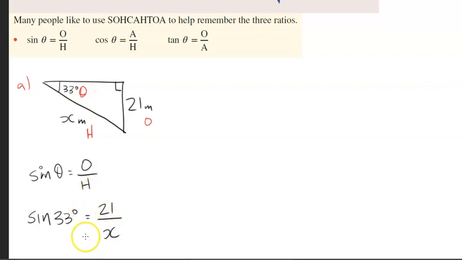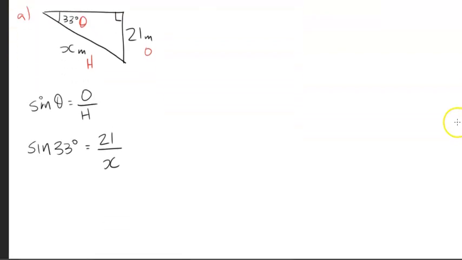Now, we're in a scenario where the x is on the bottom. When you have the denominator having the one that you need to solve for, the algebra behind it is we multiply both sides by h and then divide both sides by sine 33. The shorthand notation, a much easier notation, is we just swap these two.